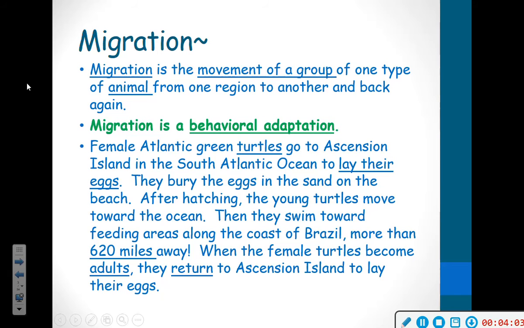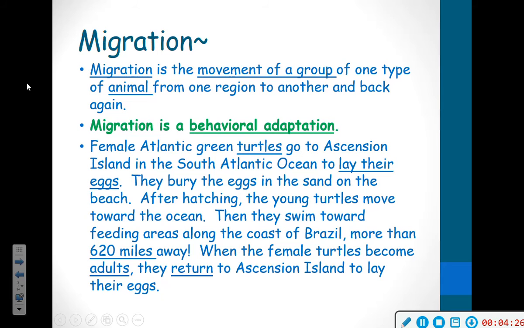So no grown-up turtles to show them what they need to do. When they hatch, they start moving toward the ocean automatically, and then they swim toward feeding areas along the coast of Brazil, more than 620 miles away. So they have to travel a long distance to get there.